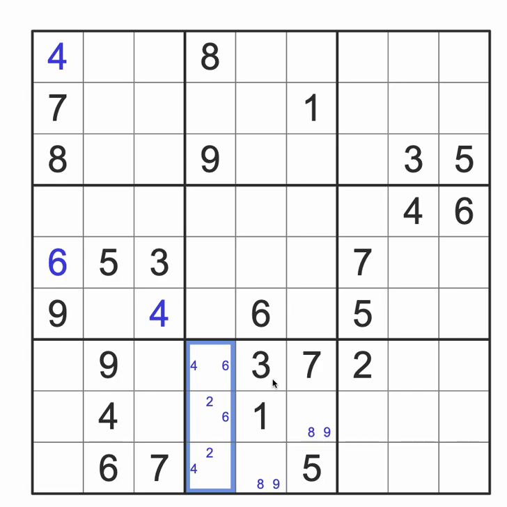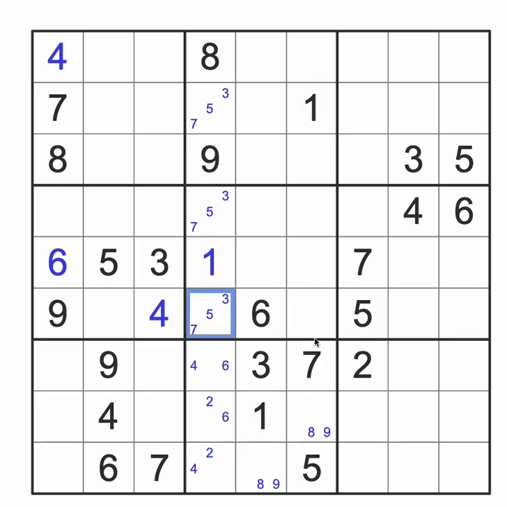I mean, these 3 cells are 2, 4, 6 triple. So that gives me 4 numbers that I can use for these 4 cells, which will be 1, 3, 5, 7. And this cell is blocked by 3, 5, 7. So it's 1.